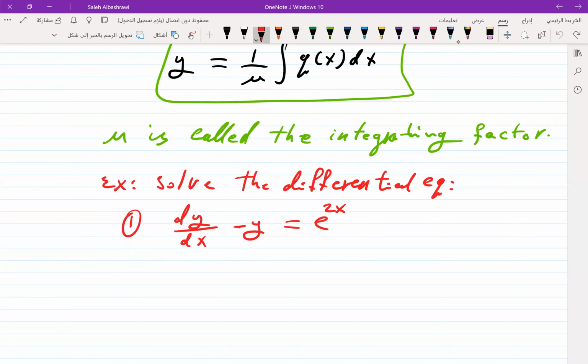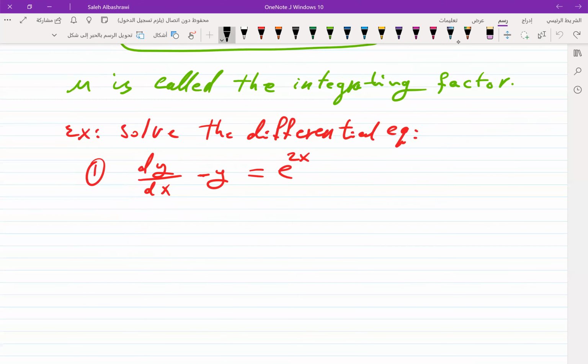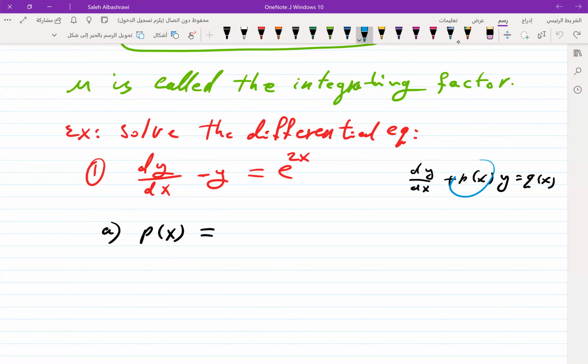Now to solve this equation, the first step is to find b(x). From the general form, dy/dx + b(x) y = q(x), b(x) is the coefficient of y.